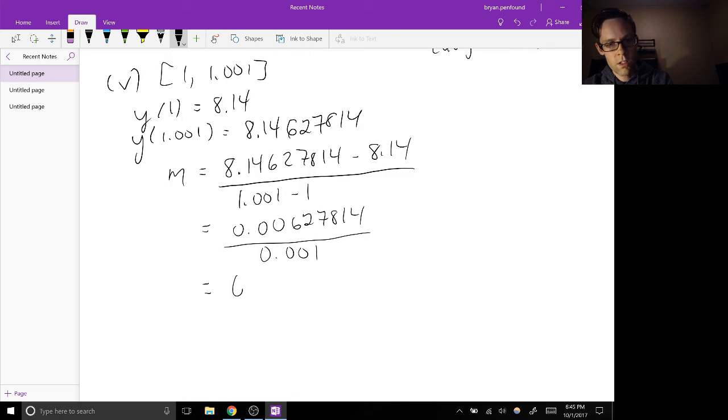In this case, our slope ends up being about 6.27814.